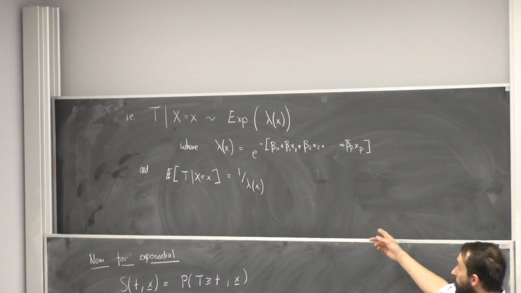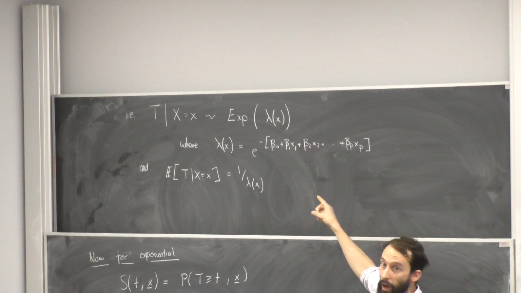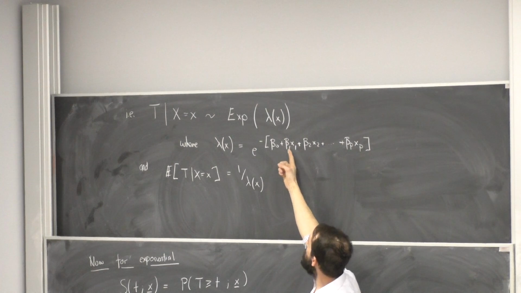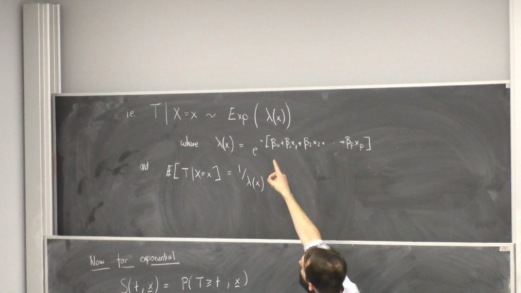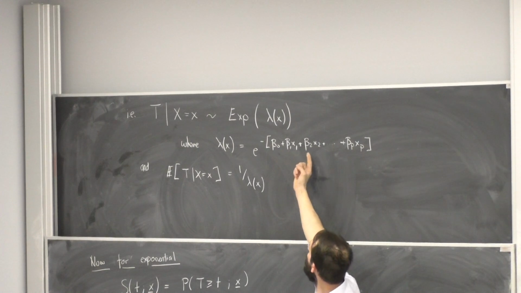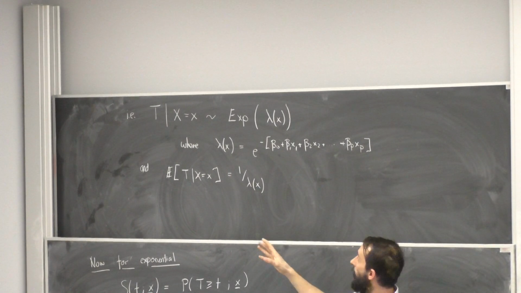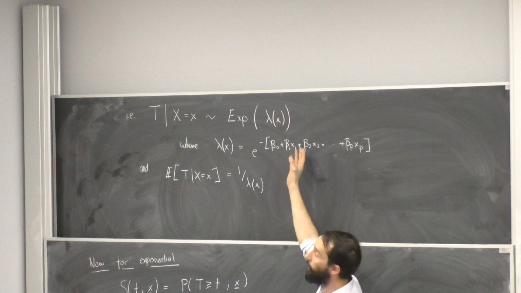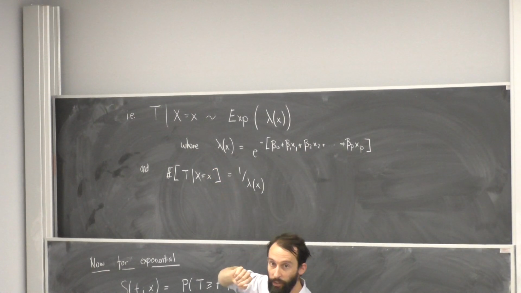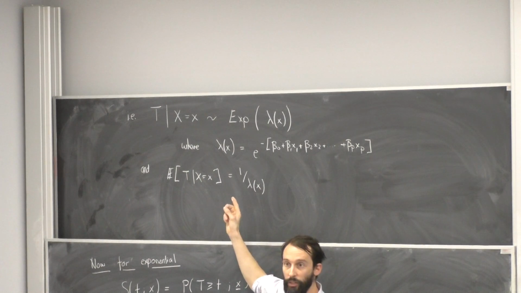This is what R will give you, basically these beta naught terms. If you fit an exponential distribution in R, it will give you beta naught, beta 1, beta 2, and then you plug them into this formula, and it will tell you what lambda x is, and you can work out expectations and things like that.